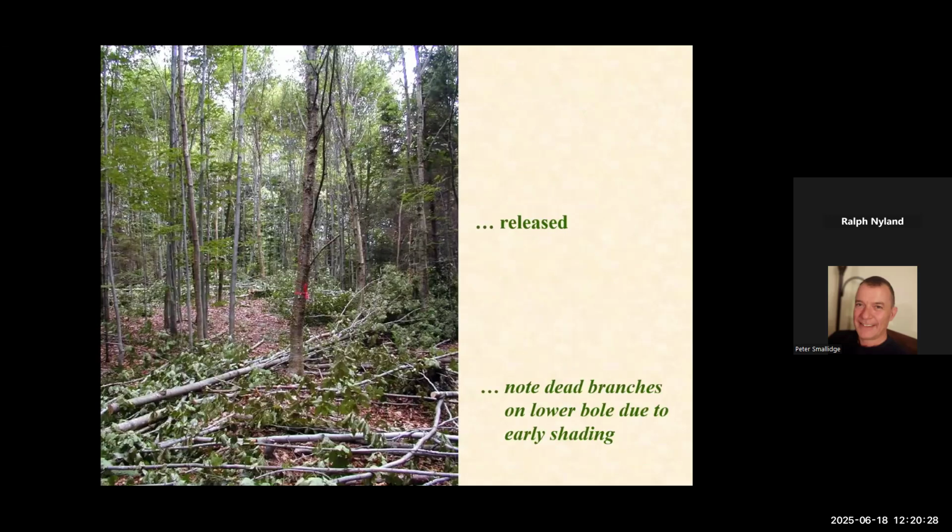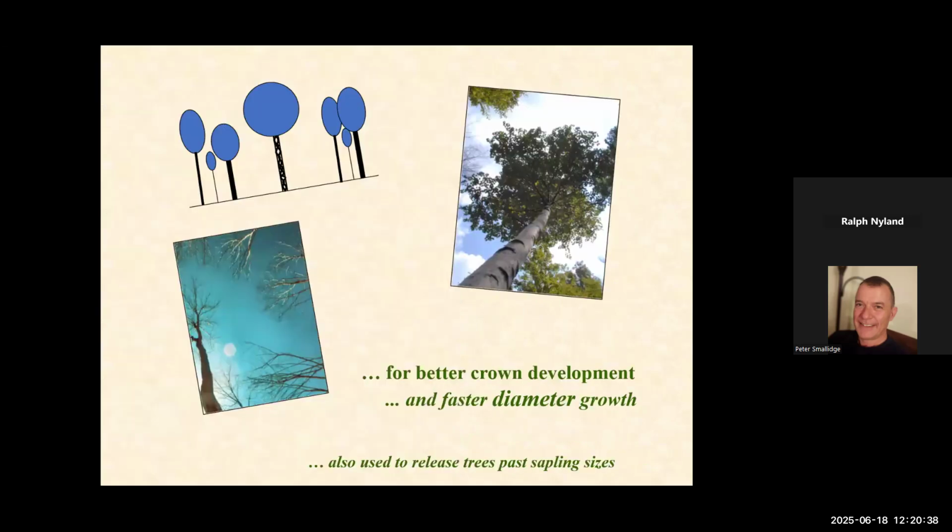Please note the dead branches, done by delaying the release until those branches had died. So we do this for better crown development and faster diameter growth. Note that the crown touching method has also been promoted and used in trees well past sapling stage.